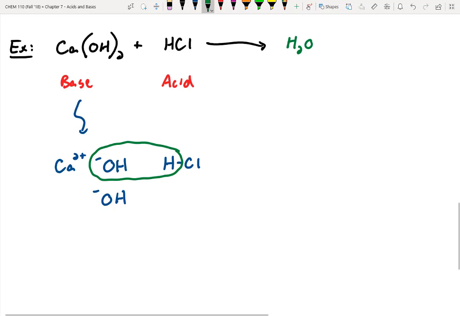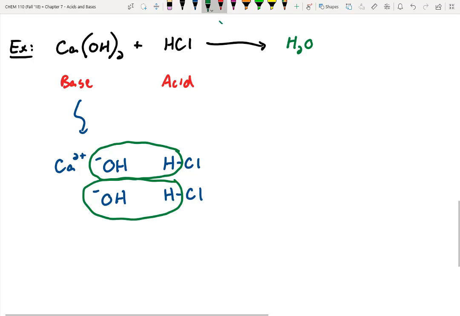Is this neutralized, though? I don't think so. We still have more hydroxide left over. In the end products for a neutralization reaction, we don't want hydroxide. We want water and a salt. All right? So the quick solution to this is to say, well, let's just add in more HCl. Because like I said, we have to have these mixed in the appropriate ratio.